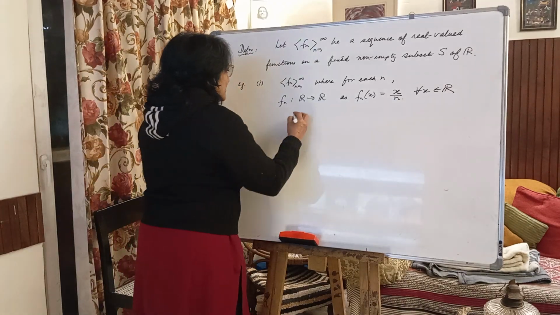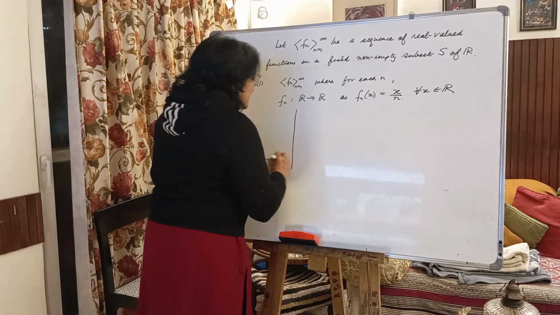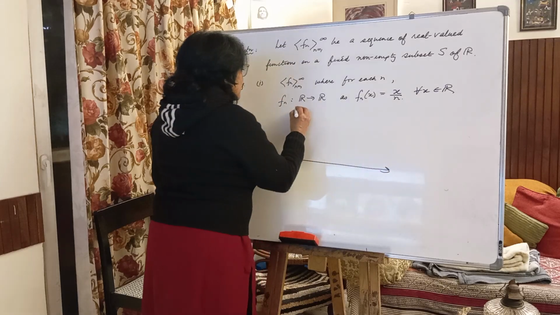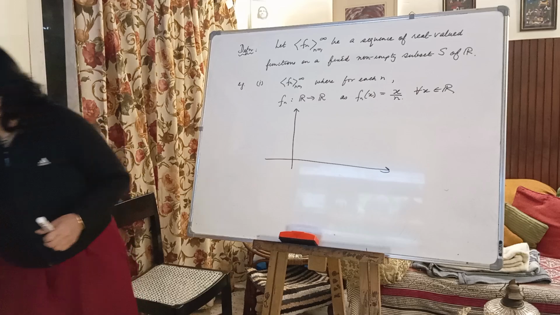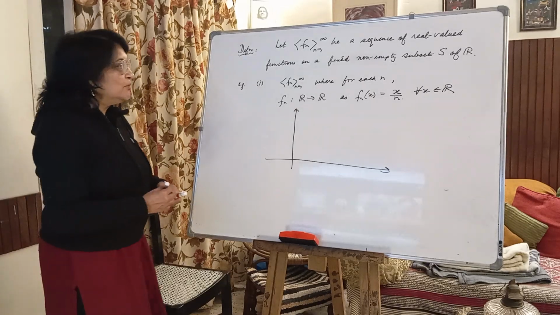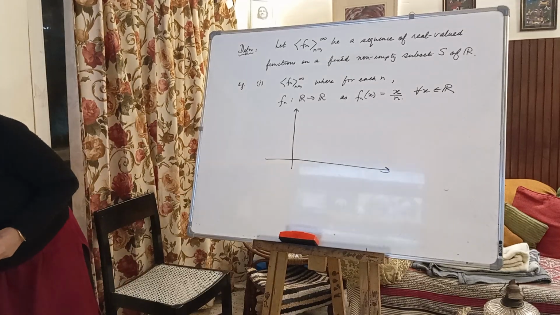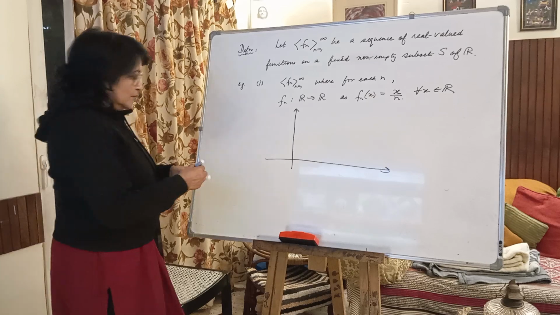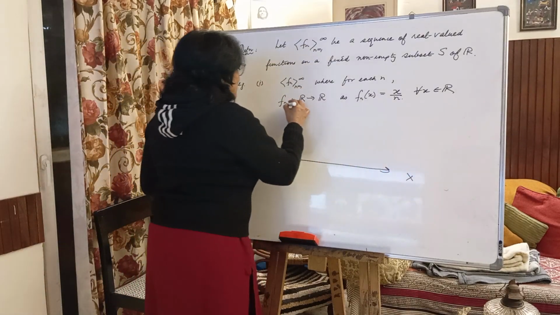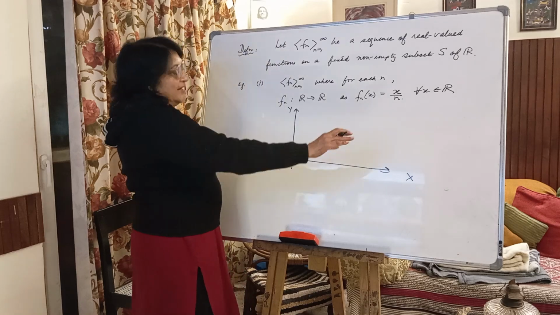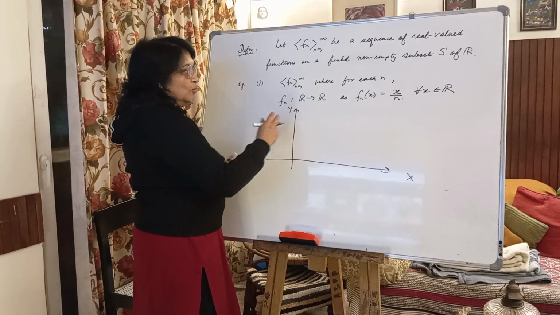Now let's just draw this sequence of functions. So this is the x-axis and the y-axis. The whole of the x-axis is the domain and the y-axis is the codomain.